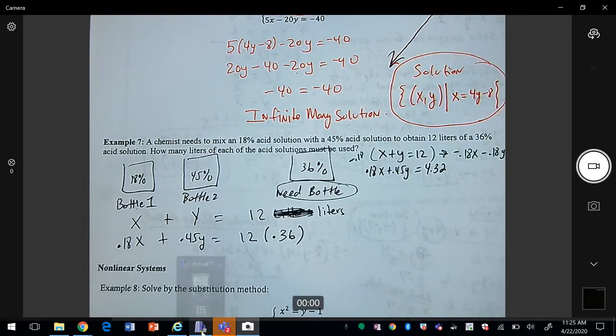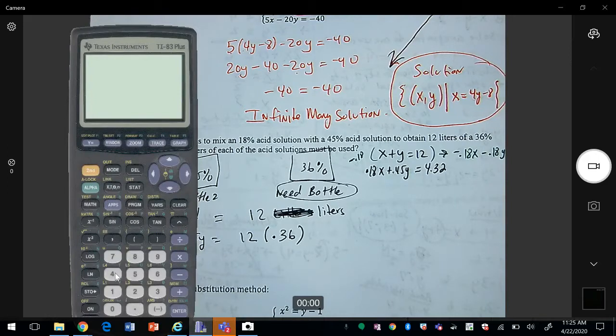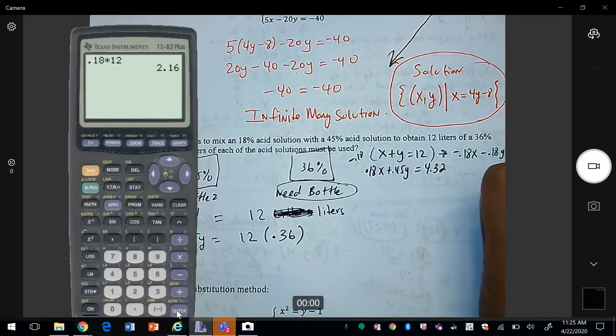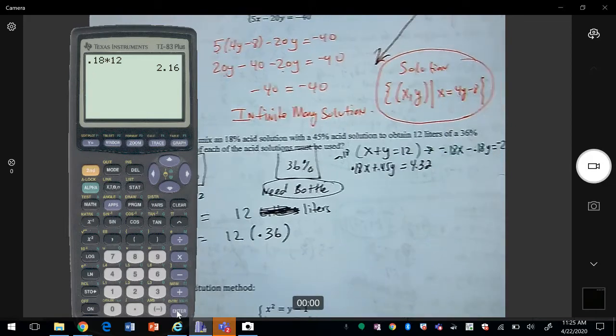Let's see what that is. 0.18 times 12 is 2.16, so that would be negative 2.16.